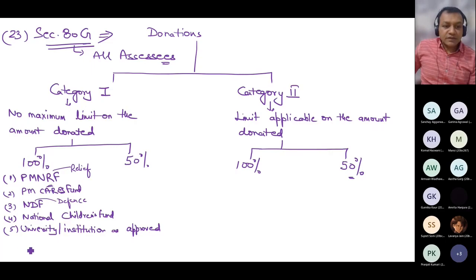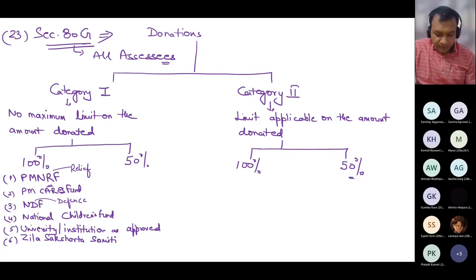Jila Saksharta Samiti. These are relevant ones, in which you can donate any amount, and whatever you donate, 100% will be the deduction.